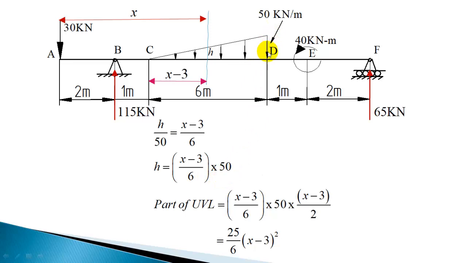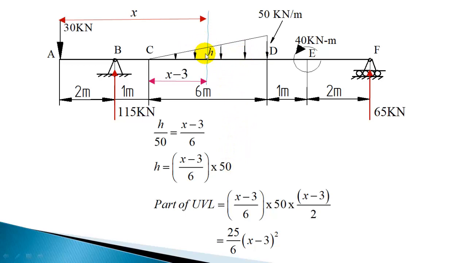So you are getting 50 kilonewton per meter. So this equation will give the intensity of the load at any distance between 3 and 9, that is under this UVL. So we got the expression to calculate the intensity at any location in this triangular load.